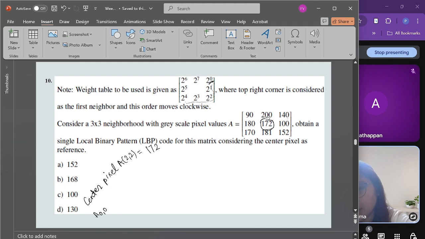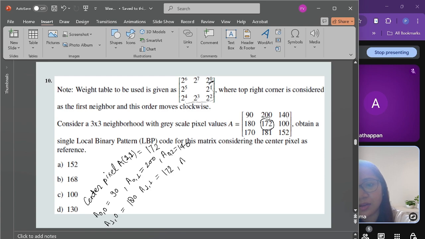A00 is 90, A01 is 200, A02 is 140, A10 is 180, A11 is 172, which is the center pixel, A12 is 100, A20 is 170, A21 is 181, and A22 is 152.